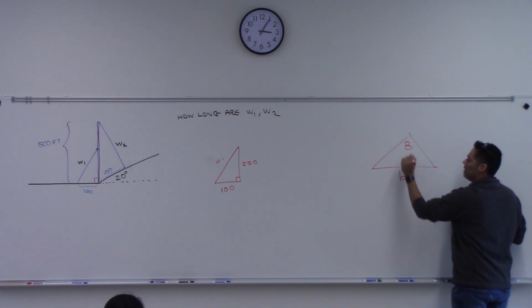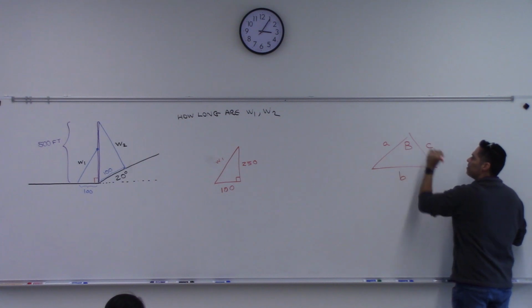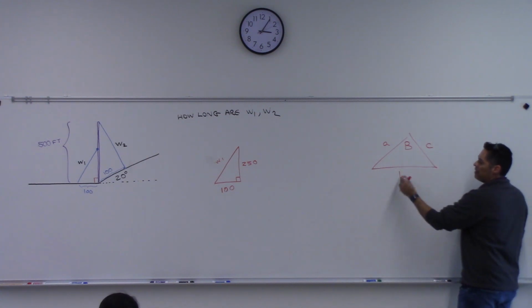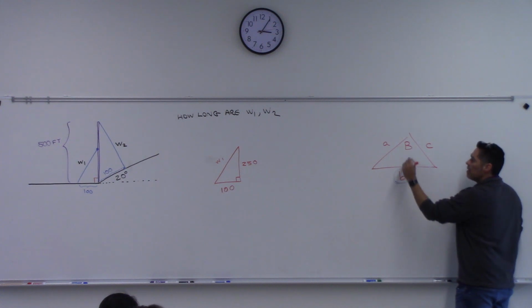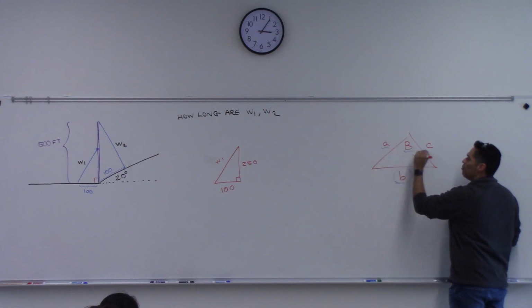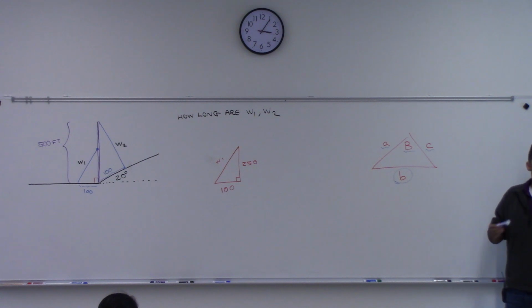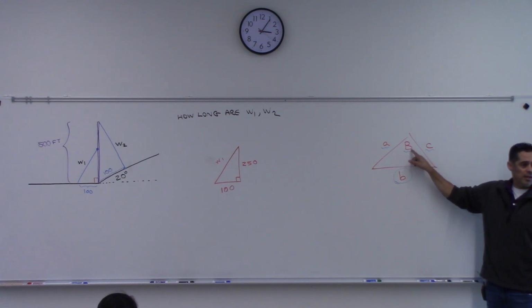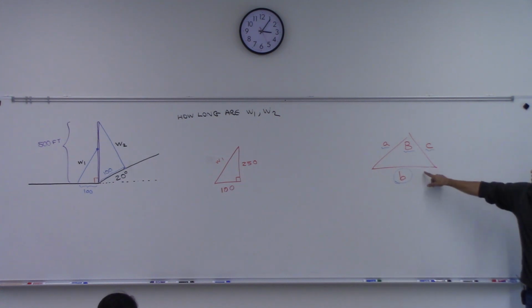That's capital B, this is little a, this is little c. Y'all with me? Law of cosines would be perfect for this if I was trying to solve for this, right? Because I would need to know what that is, and what that is. Imagine that B is 90 degrees. Okay? Go to the law of cosines for this.